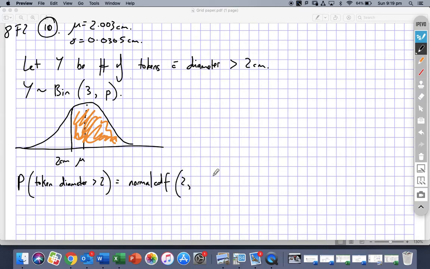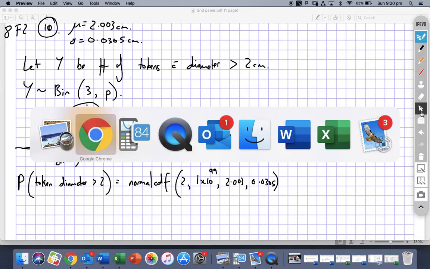We could have an upper of super big, 1 times 10 to the 99. We'll need to put in the mean, and we need to put in the standard deviation, 0.0305, and we should get an answer that's just a bit bigger than 50. It's pretty close to 50, but with such a small standard deviation, I'm not just going to assume that it will be 50%. It'll be a bit bigger.